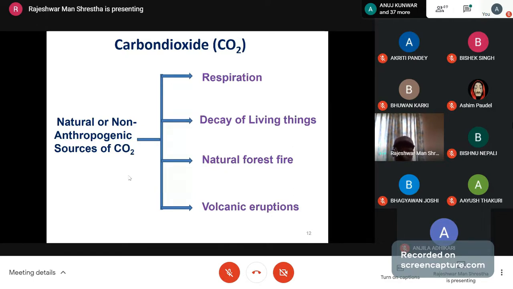In natural forest fires, fire in the forest emits carbon dioxide and also carbon monoxide. And when a volcanic eruption occurs, it releases a large amount of solid and gaseous matter that includes carbon dioxide.